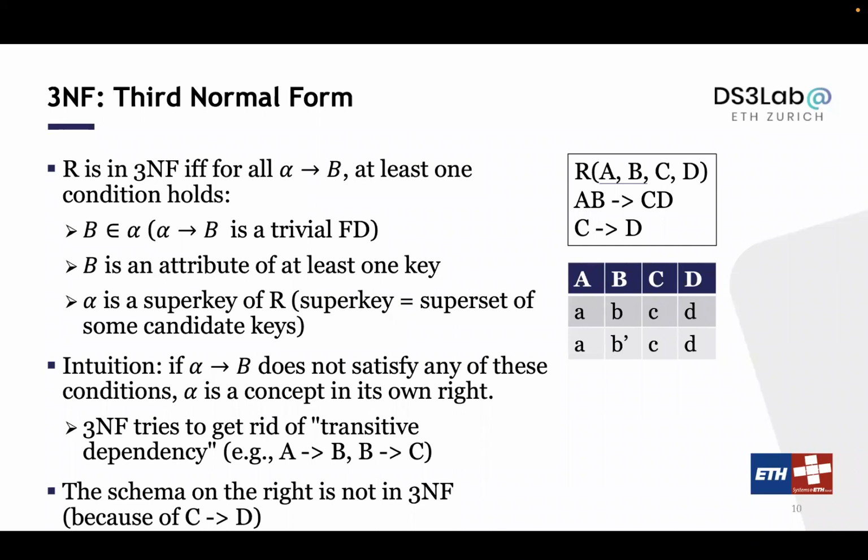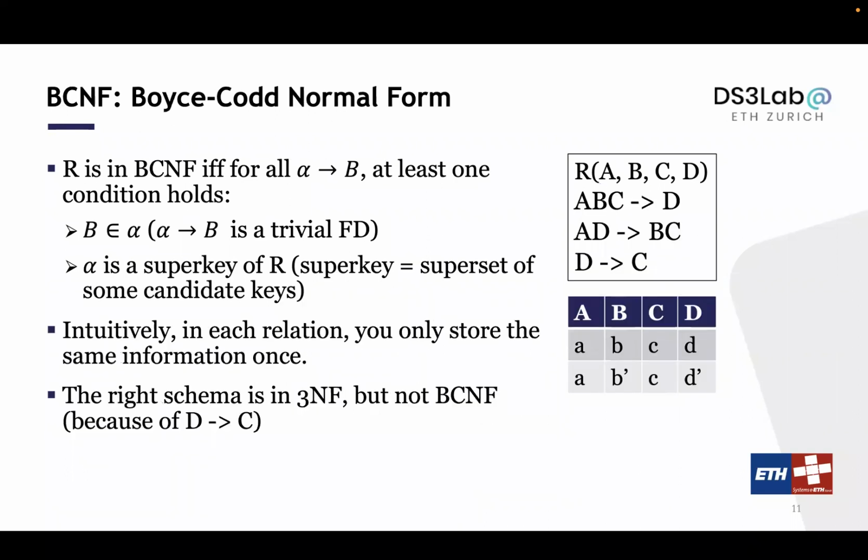Okay, and it's very easy to see the thing on the right-hand side is not really in third normal form. And third normal form doesn't get rid of all the data redundancy caused by functional dependency. So there's another one called BCNF that's even more restrictive. A design is in BCNF if and only if, for all the functional dependencies in your system, it satisfies at least one of two conditions.